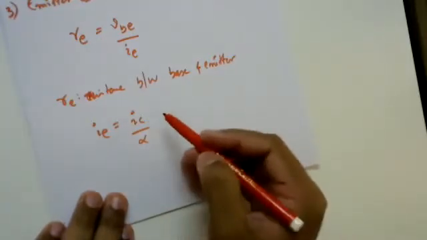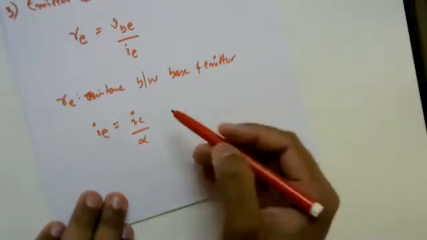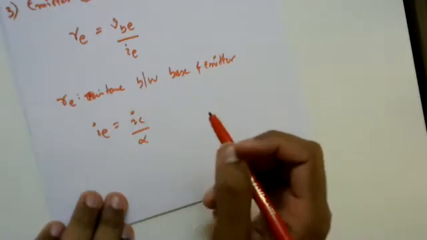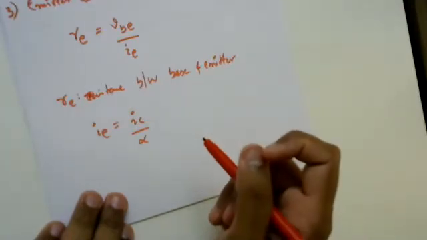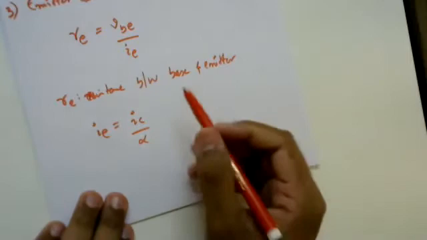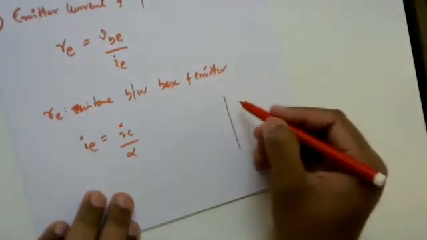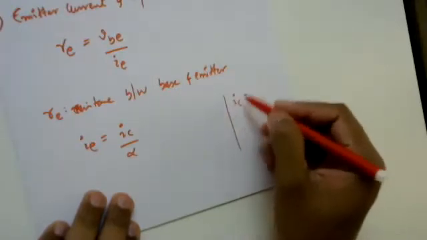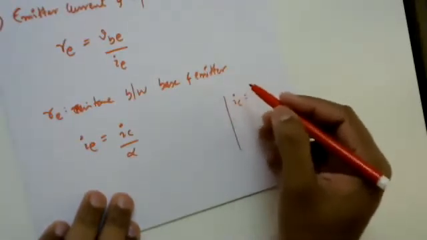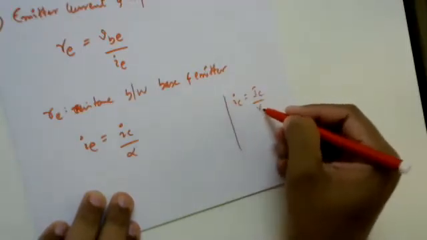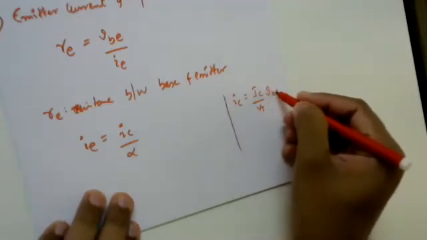Now, how can I write my IC? If I take it from the previous equation, remember it's an AC current, so ic is equal to IC divided by VT into VBE.